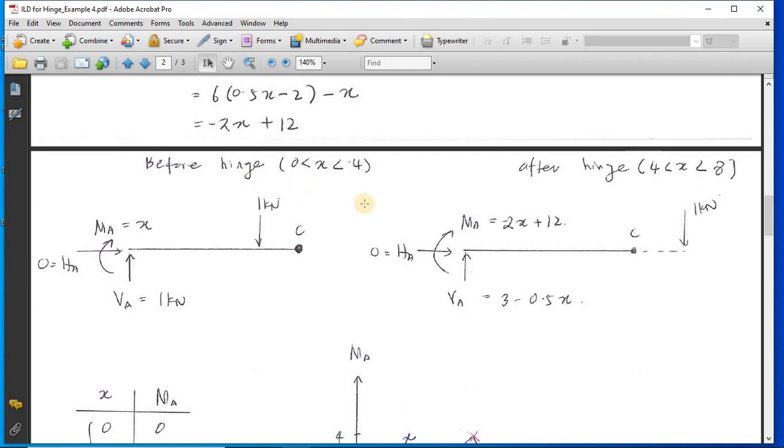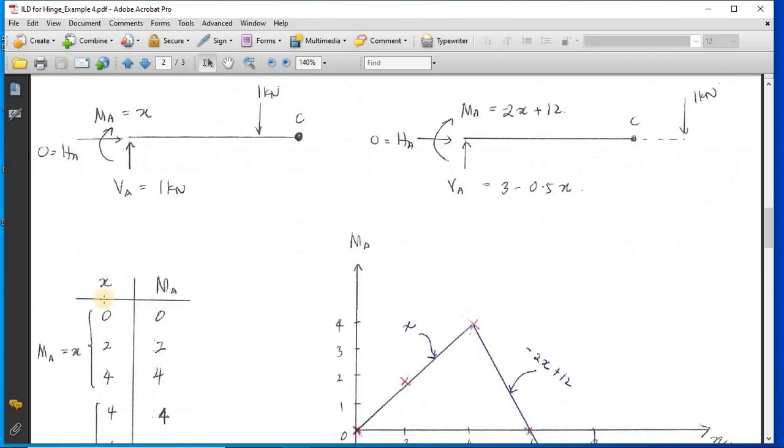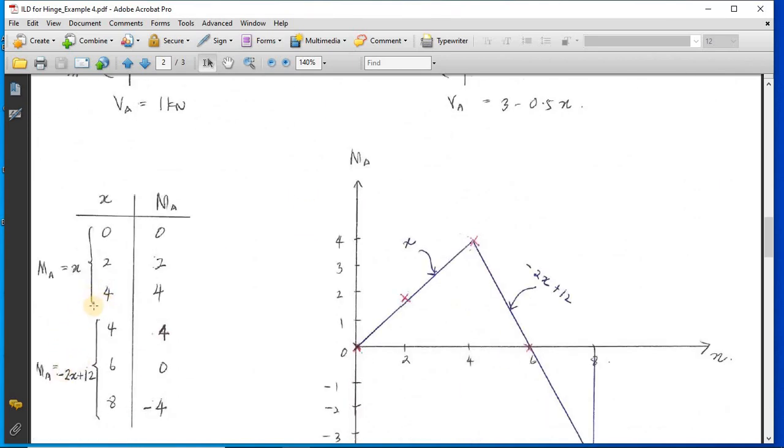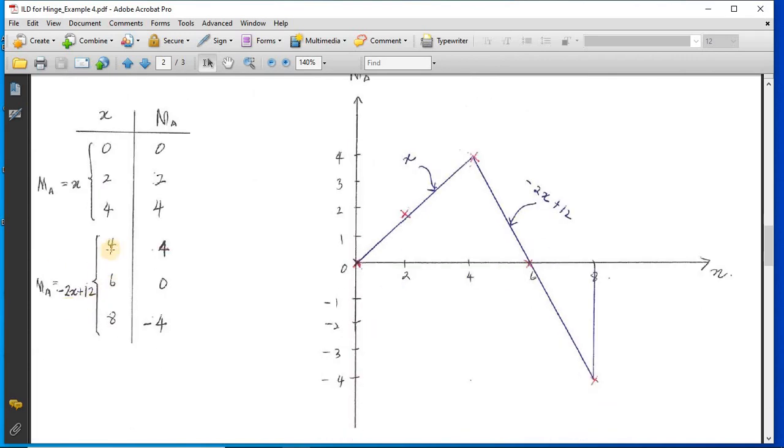From 0 to 4, which is referred to as the first range, you need to use the equation MA equal to x. Meanwhile, for 4 meter to 8 meter, you need to use another moment equation, which is equal to negative 2x plus 12.